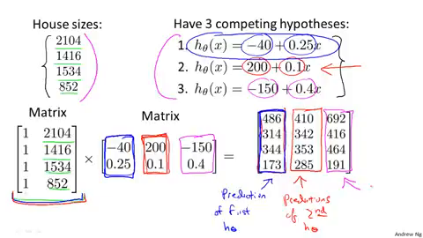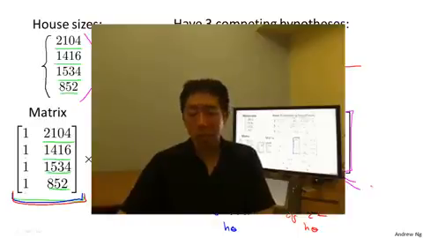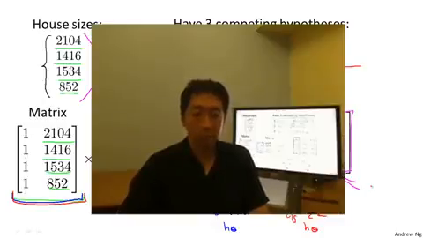And even better, there are lots of good linear algebra libraries to do this multiplication step for you. Pretty much any reasonable programming language that you might be using, certainly all the top 10 most popular programming languages, will have great linear algebra libraries.